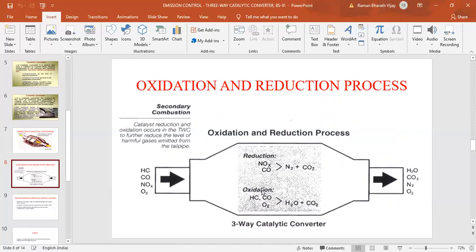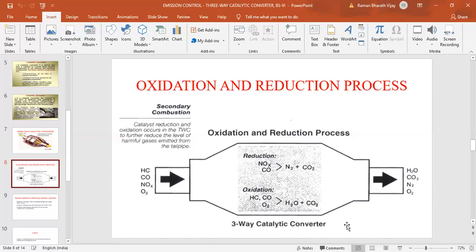In the second phase, there is the oxidation process: hydrocarbon gets converted into water, and carbon monoxide gets converted into carbon dioxide. So in oxidation, hydrocarbon is converted, and in reduction, oxides of nitrogen are converted. Thereby you arrive at nitrogen, carbon dioxide, and water. The harmful gases are converted to harmless gases.